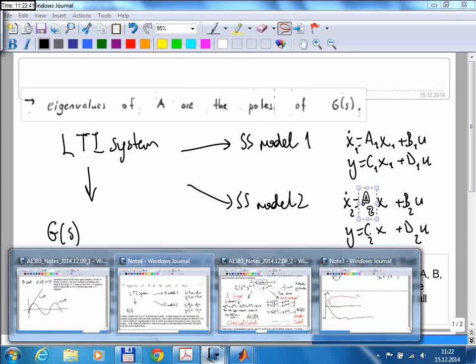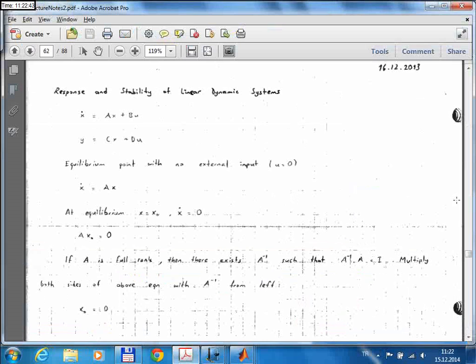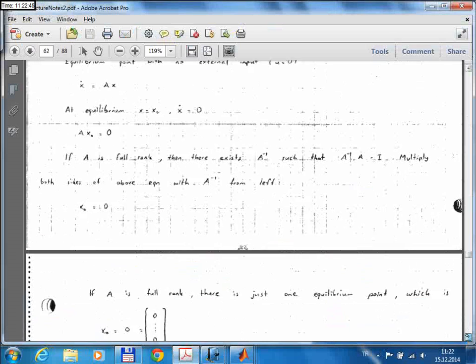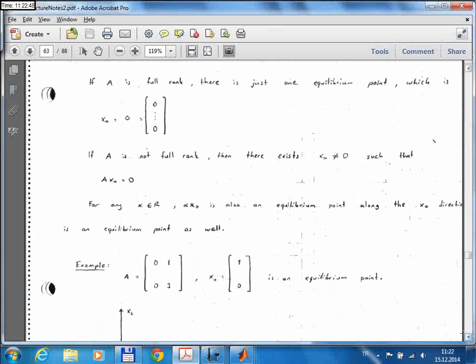Now let's start talking about that. To show you the importance of these quantities, these poles, I would like to use an example.